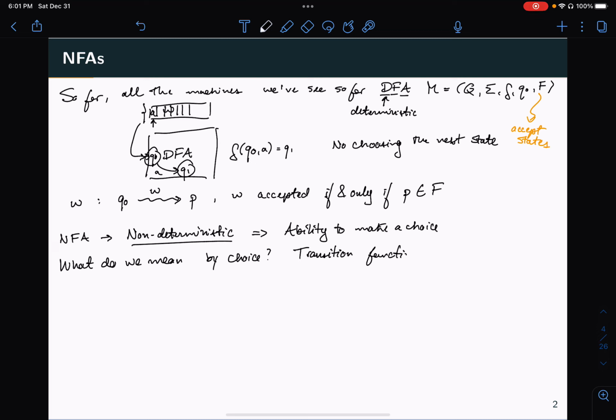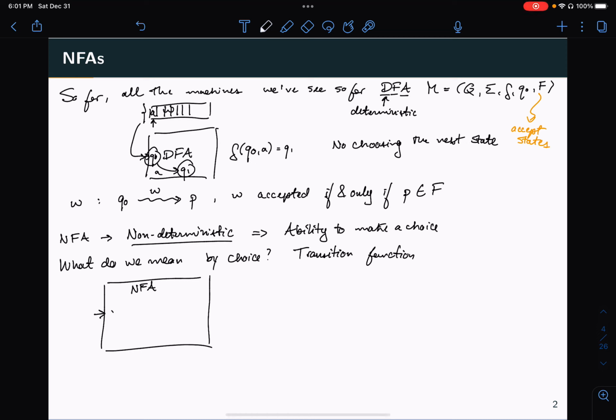And so in a non-deterministic finite automata, a machine is allowed to choose between, say, two states when it's at one particular state and reading a given symbol. So, for example, imagine this is an NFA.